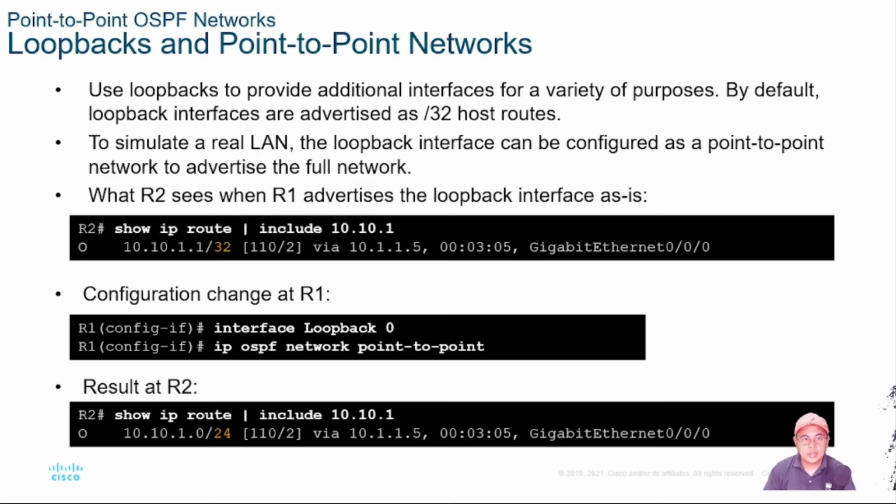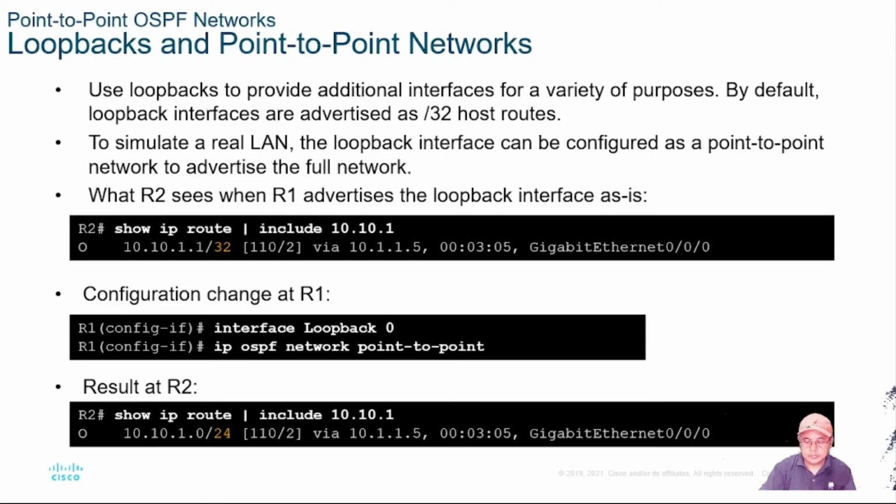To simulate a real LAN, the loopback interface can be configured as a point-to-point network to advertise the full network that is connected to the loopback interface.